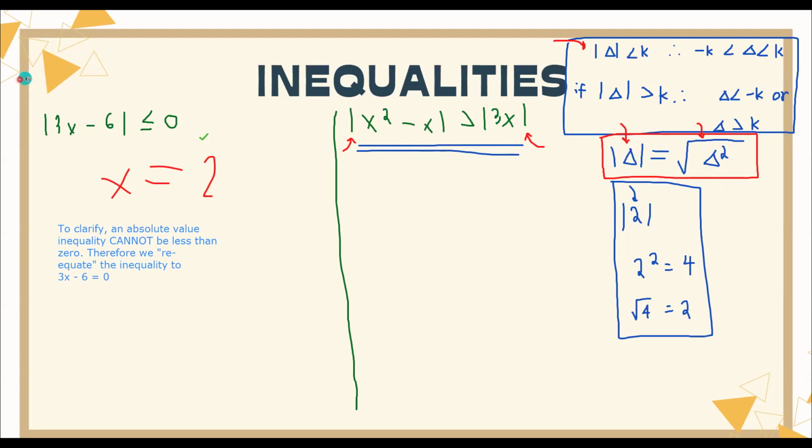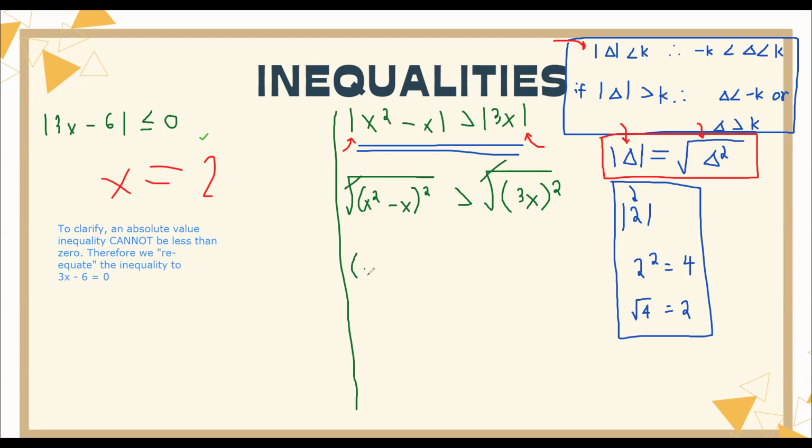Opo. So let's solve. So we get the square, let me change the color. Get the square root of the square. So copy lang natin, x squared minus x squared is greater than the square root of 3x squared. So of course, since para sila naka-square root, we can cancel that on both sides.